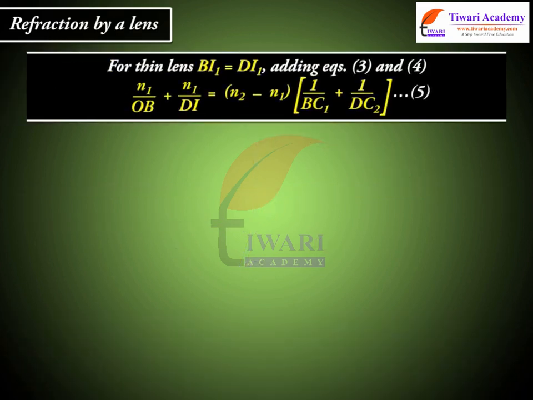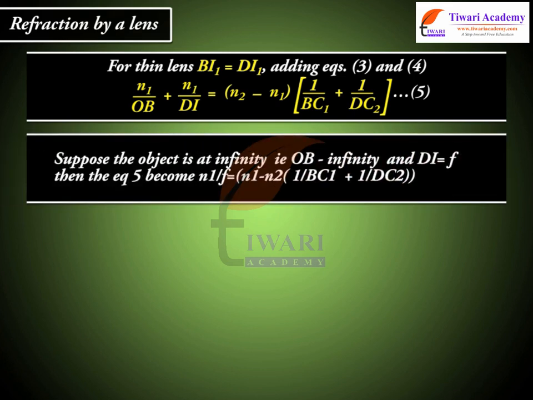For a thin lens, BI1 is equal to DI1. Adding equations 3 and 4, n1 by OB plus n1 by DI is equal to (n2 minus n1) times (1 by BC1 plus 1 by DC2). Suppose the object is at infinity, that is OB is minus infinity, and DI is equal to f.